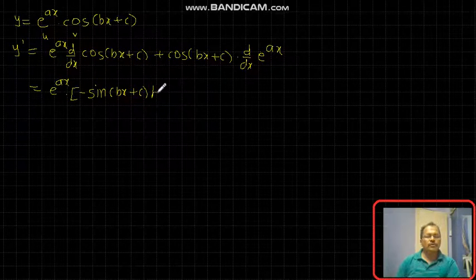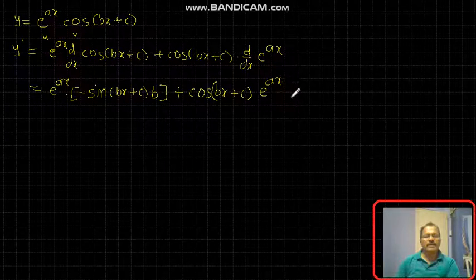I am not going to add one more step, so the derivative of (bx + c) is directly written as b, plus cos(bx + c) into the derivative of e^(ax), which is e^(ax) into the derivative of ax, which is a.